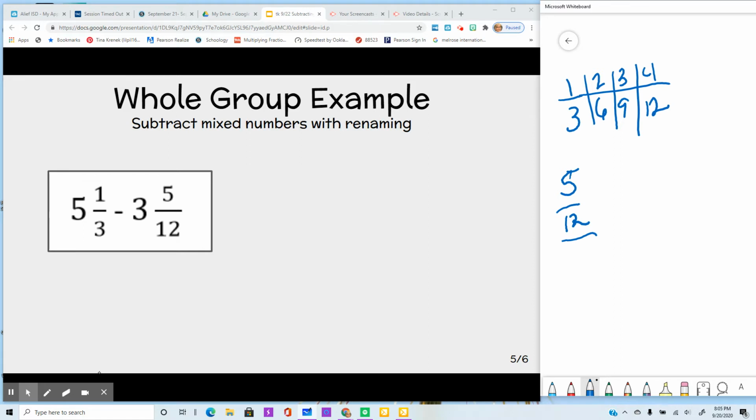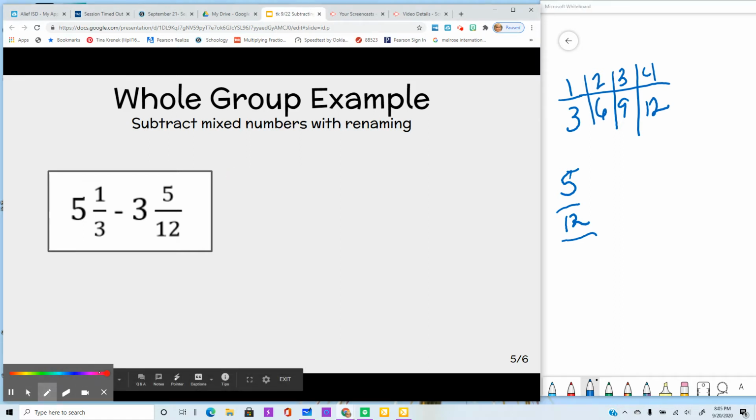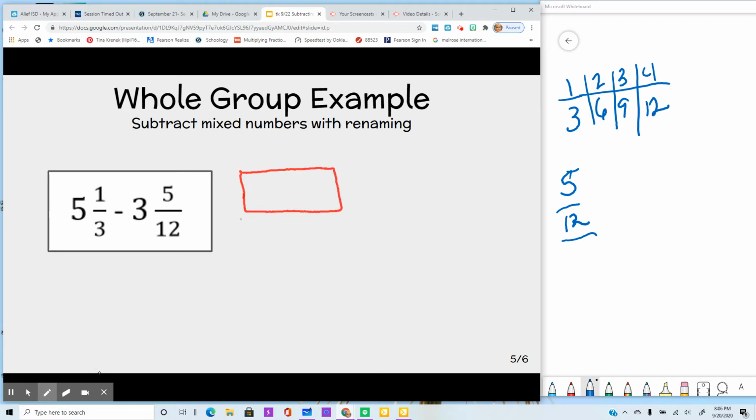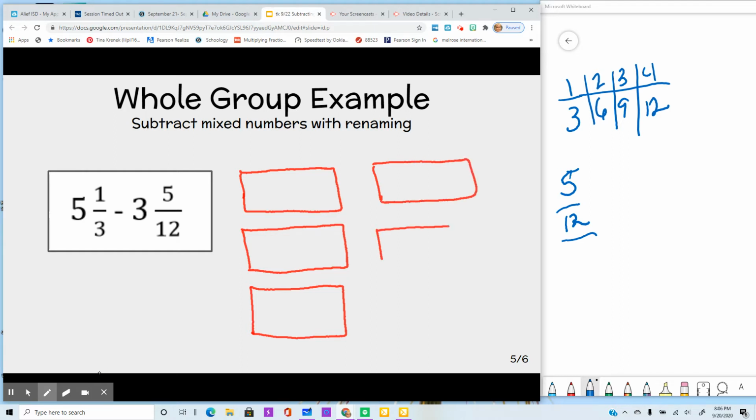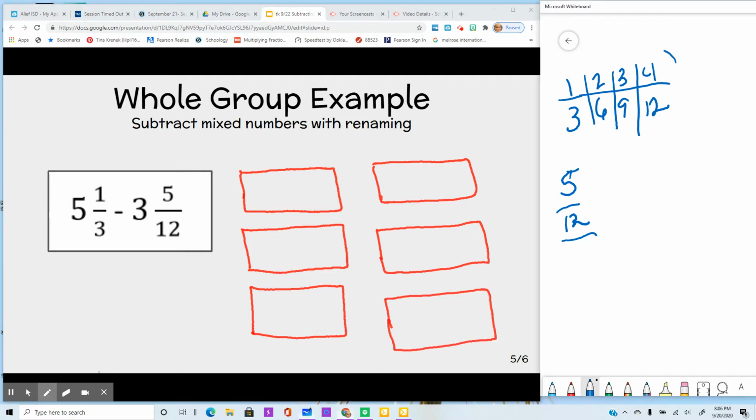So now I have 5 and we need a 6th because we're going to have to draw 4/12. So it's 5 and 4/12.